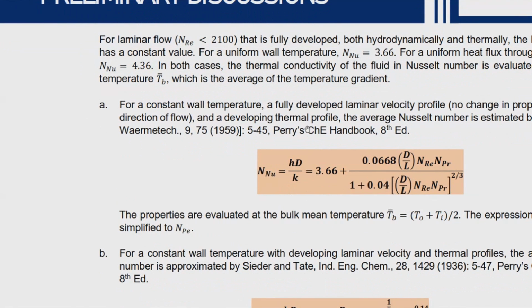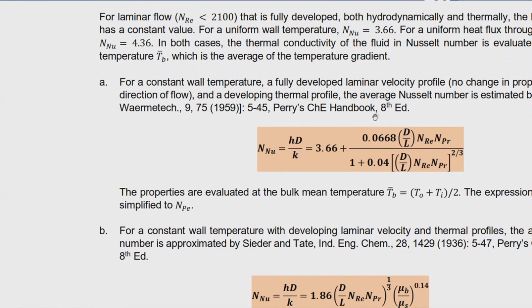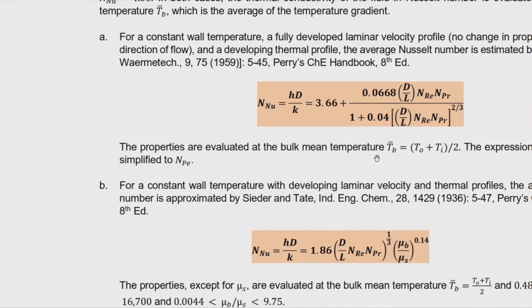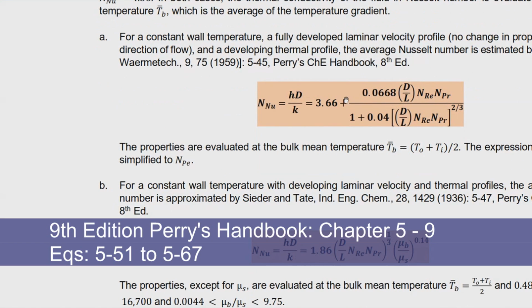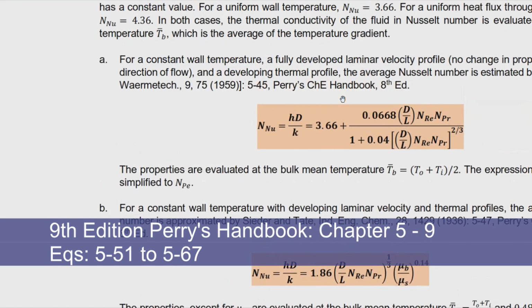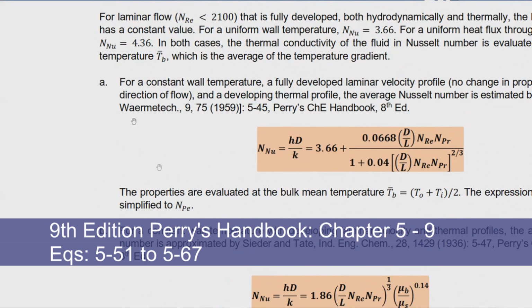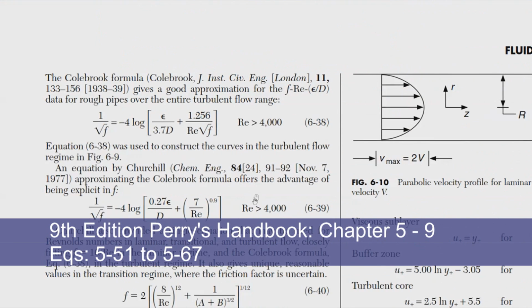You just have to remember where it is written. I have already included it in the 8th edition, but you have the 9th, so I'll be writing it somewhere here. If you have your Paris handbook now, you can check chapter 5, since this one is chapter 5.